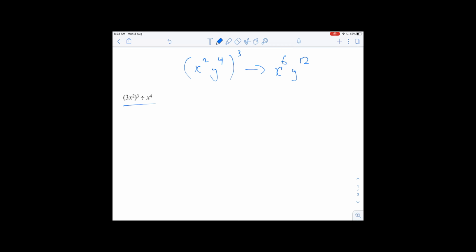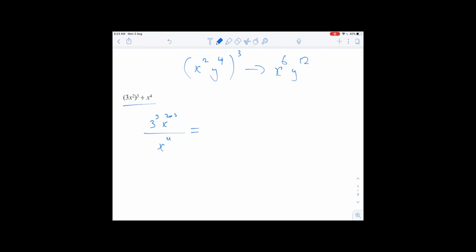To simplify it using these three rules which we have learned previously, you will use the first rule of multiplying the powers inside the bracket, which will give you 3 to the power of 3, x to the power of 6, because 2 multiplied with 3. For division we will write the fraction, and x to the power of 4.